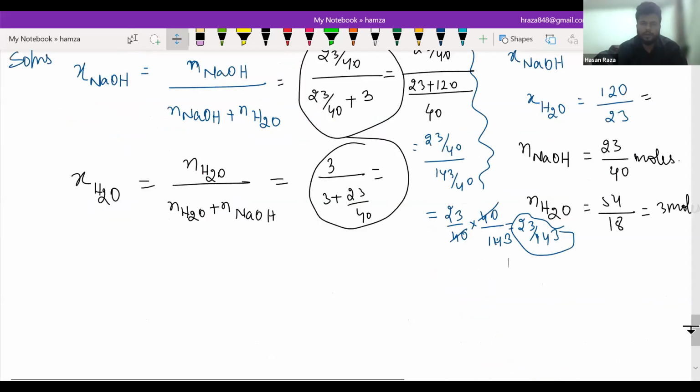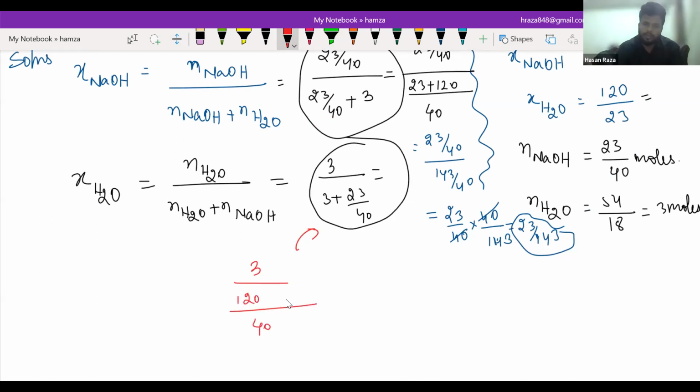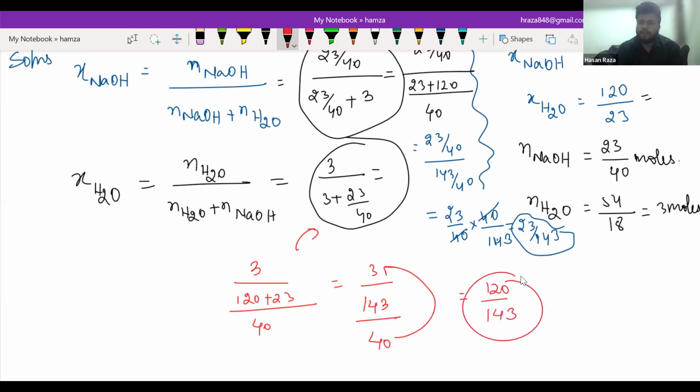Let me check the other one. That means this part. So if you are going to calculate it, 3 upon, if you are going to take LCM, it will be 40, and again it will be 120 plus 23, and again it will be 3 upon 143 upon 40. This 40 will go up here, and it will be 120 upon 143.